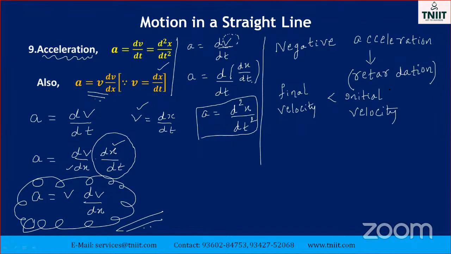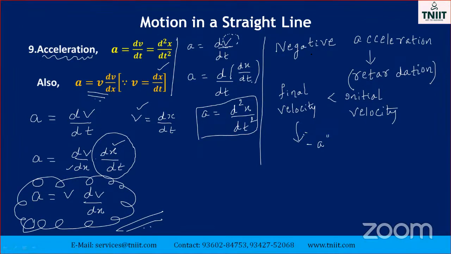Acceleration will come negative only if the final velocity is less than the initial velocity. That acceleration, we call it negative acceleration. That is called the retardation.